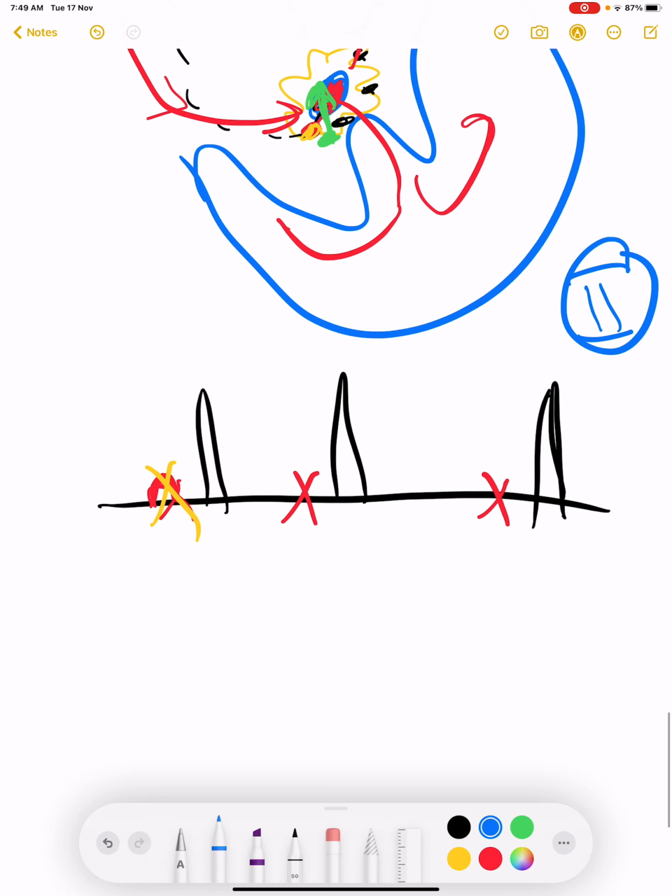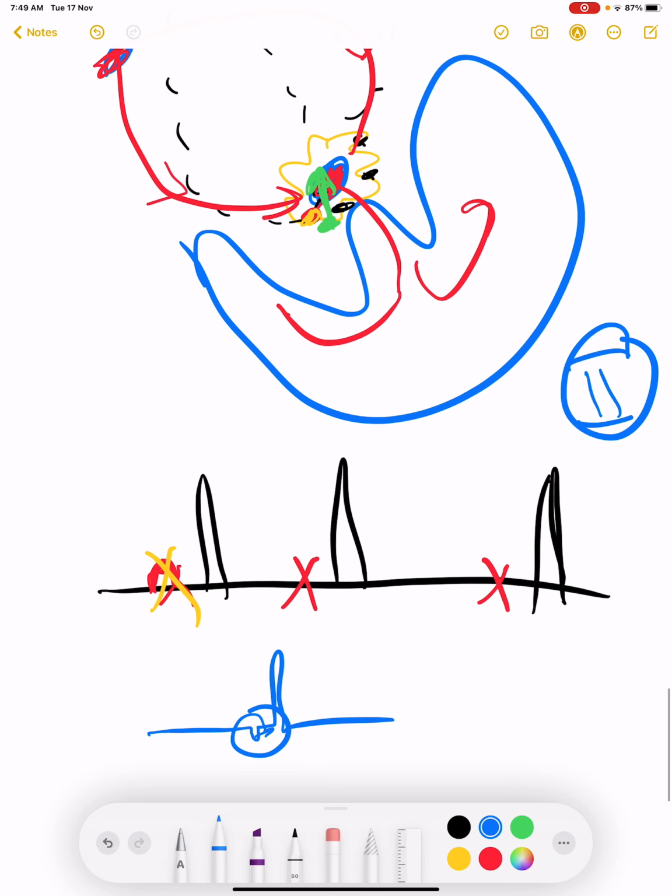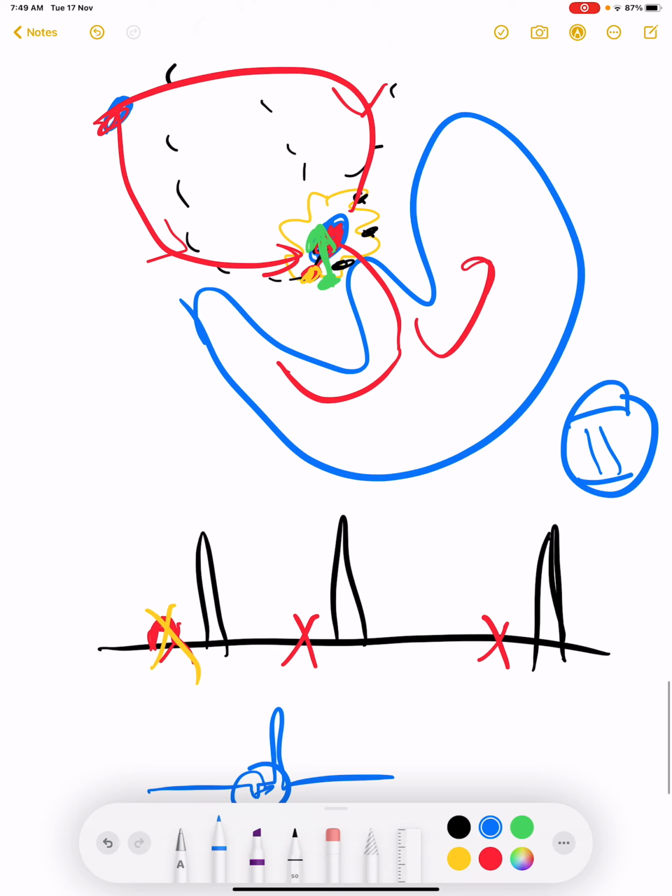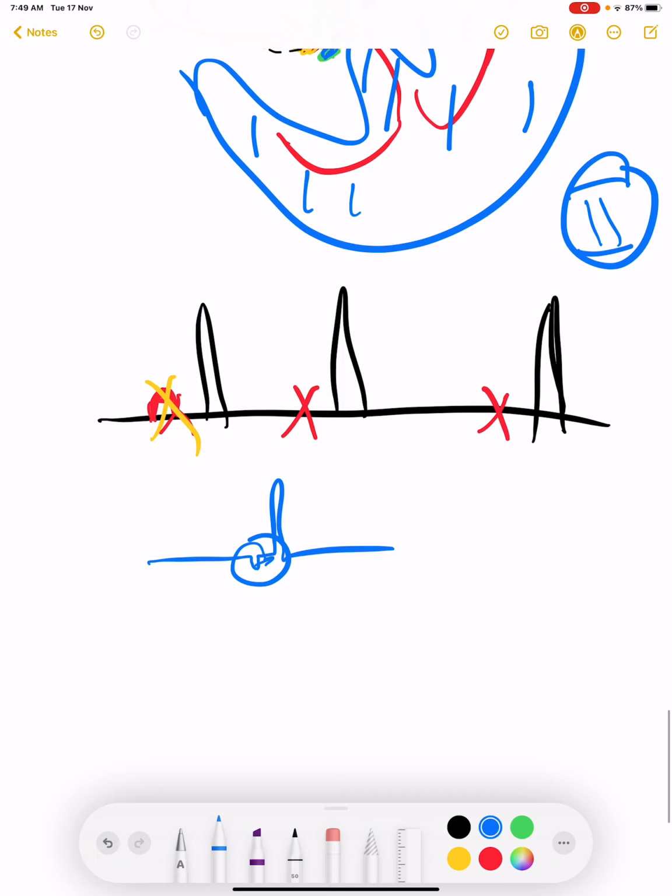So sometimes even in junctional rhythm we see an inverted P wave, very small and very close to the AV node, inverted in lead 2. Sometimes we can see it like this, and sometimes the P wave is even generated after the QRS complex. So the ventricle is already depolarized, but the P wave comes after that because it is located after the AV node.